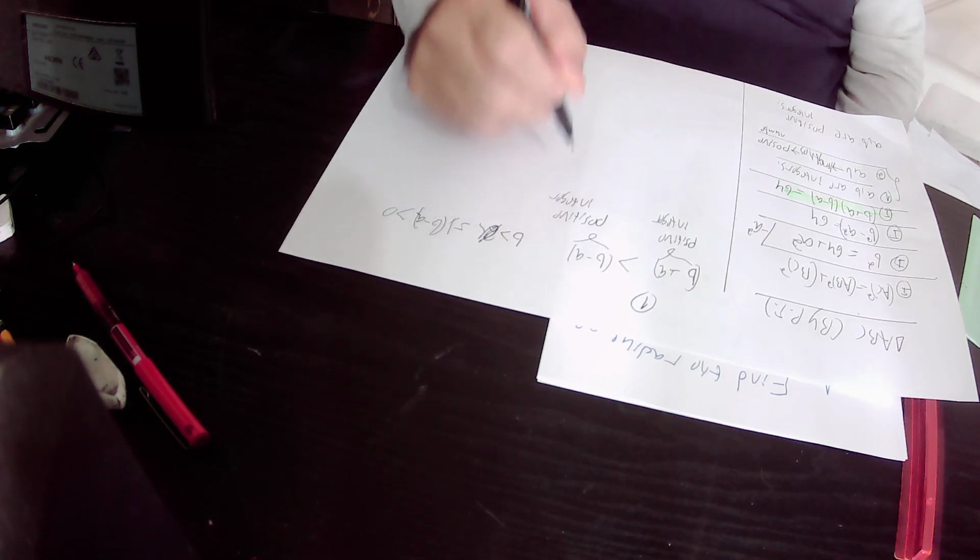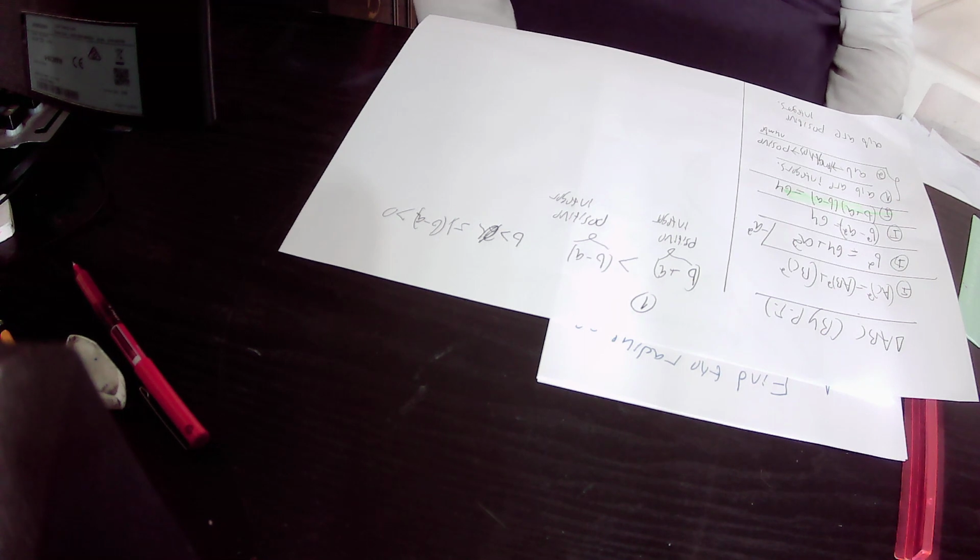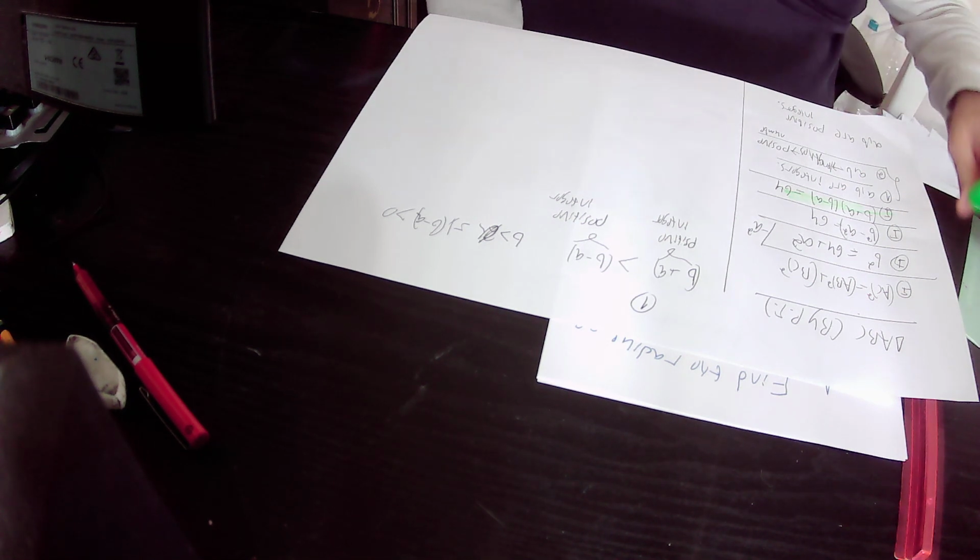I repeat again, because B and A are both positive integers, if you subtract one from the other and the result is not a negative number, then the result must be a positive integer. Okay?